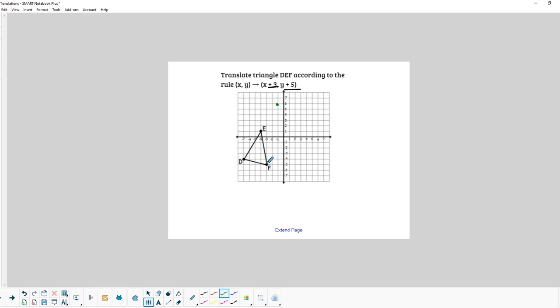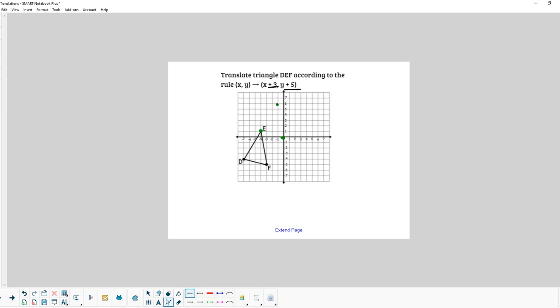For F, over 1, 2, 3, and up 1, 2, 3, 4, 5. And then for D, over 3, and up 5. That corner happens to be in the same place where the last one was.